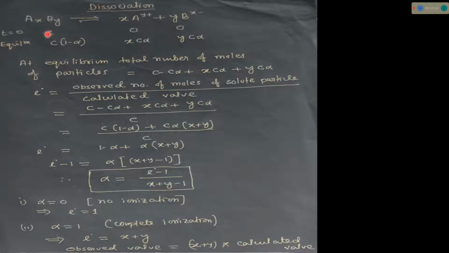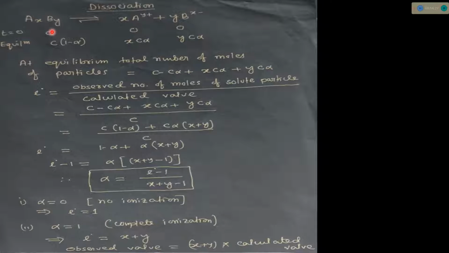So C moles present at 0 moles. Or the whole solution is 1 kg, means 1000 gram, and C is the mole number. So we can consider C as a concentration, meaning molality, C mole per 1000 gram. So we can say directly C is the mole number.